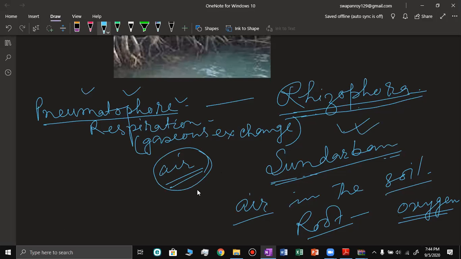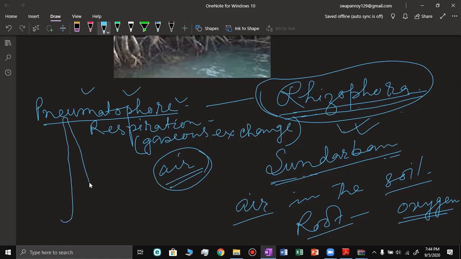So in that case, particularly in Rhizophora, the underground branches give rise to branches which come above the ground and above the soil water level.